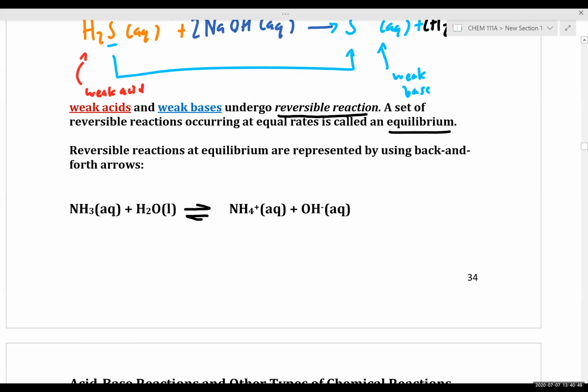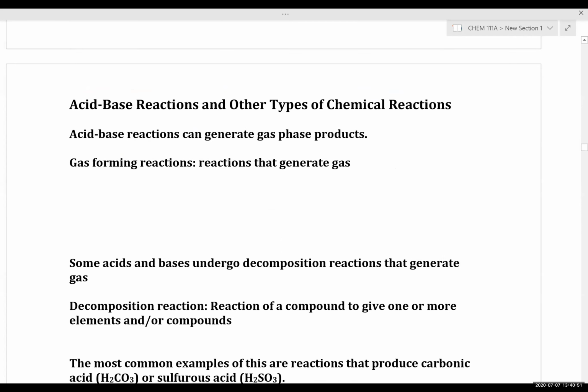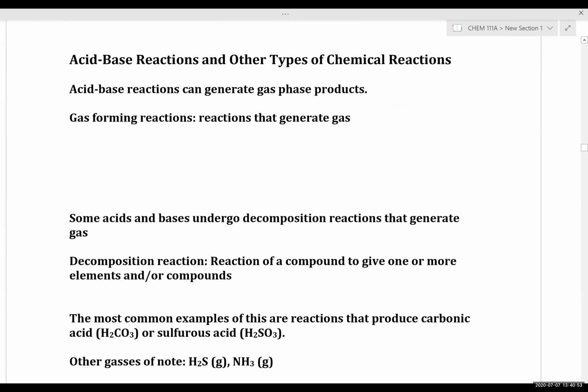Okay, let's keep going and let's talk about acid-base reactions in relation to other types of chemical reactions. So acid-base reactions can generate gas phase products. And a gas-forming reaction, as its creative name implies, is a reaction that generates a gaseous product.